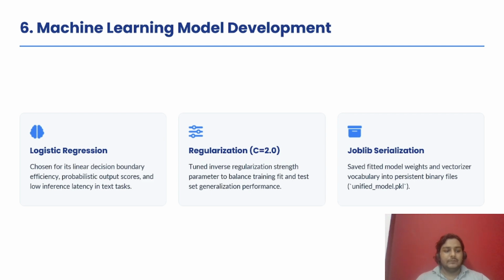Regularization tuning: the inverse regularization parameter C was tuned to 2.0, striking an optimal balance between training fit and generalization. Serialization using joblib: I serialized both the trained classification weights and the TF-IDF vectorizer vocabulary into persistent binary files, unified model PKL, for deployment.